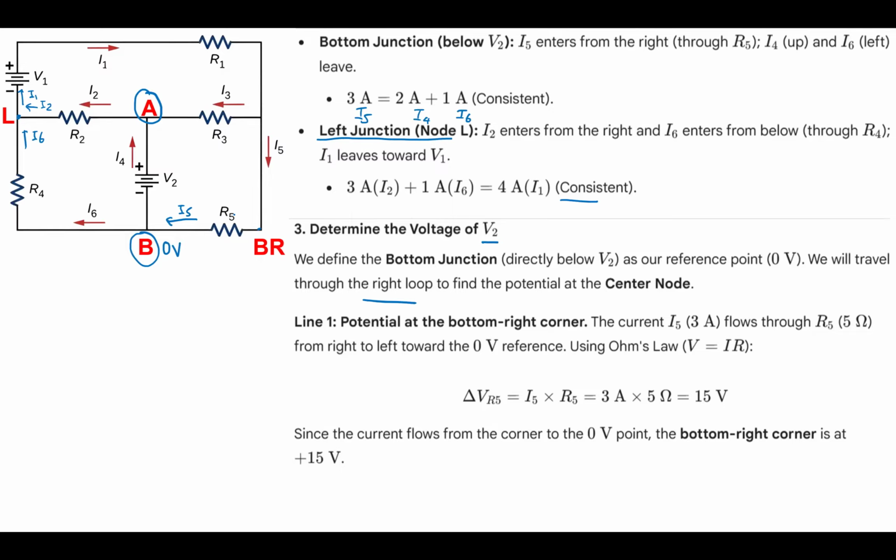So current I5 flows here, so this part is at a higher potential than this part, okay? And the potential difference across R5 is given by I5 times R5, which is 15 volt. Since the current flows from the corner to the 0 volt point, the bottom right corner is at 15 volt. Okay, so this is the 15 volt.